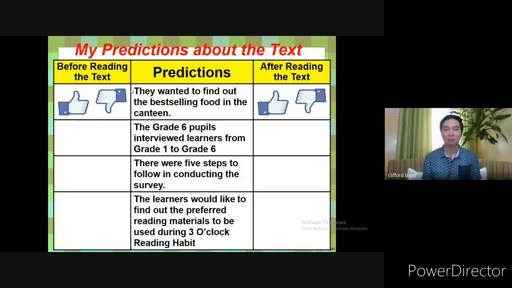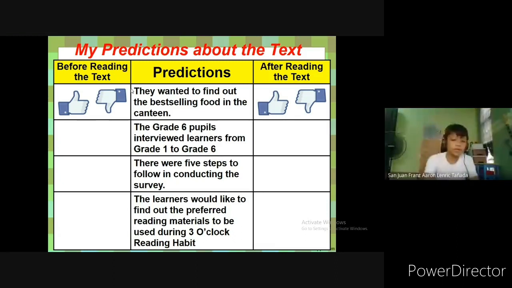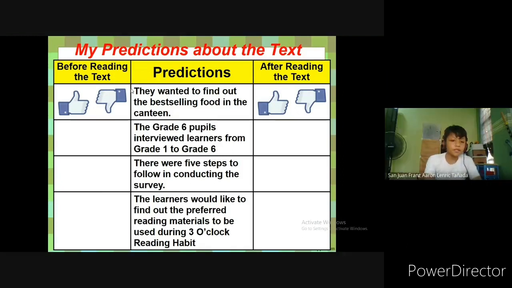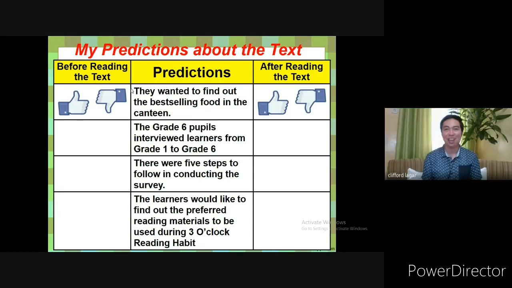Jones? Okay, so let's help Jones. Allen, is this prediction correct or incorrect? Incorrect, sir. Okay, tell me, what makes this prediction incorrect? Because the grade 6 pupils interviewed grade 4 to grade 6. Oh, that's good. That's correct.